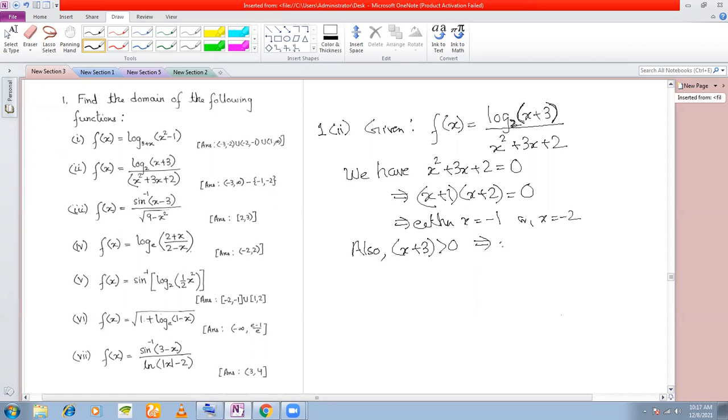That means x must be greater than minus 3. So x can take any value greater than minus 3. That means x must belong to (-3, infinity), except what values? Minus 1 and minus 2. So from this interval you subtract this two-element set, and this is the required domain.